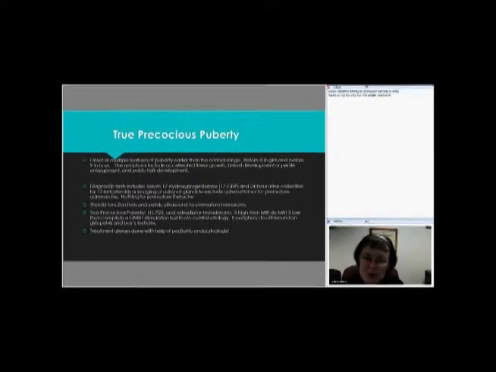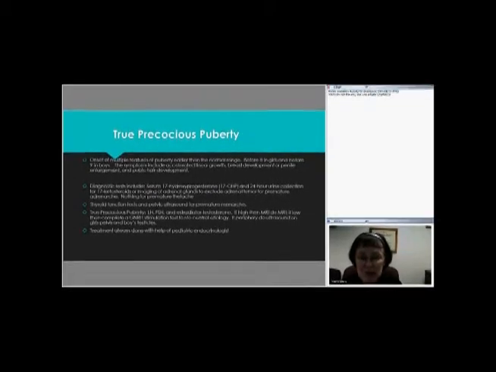So if you see this in children, the diagnostic tests you want to do are the 17-OHP, looking at progesterone, or the 24-hour urine collection for 17-ketosteroids, or imaging of the adrenal glands to exclude an adrenal tumor. So nothing, again, as I said, for premature thelarche.